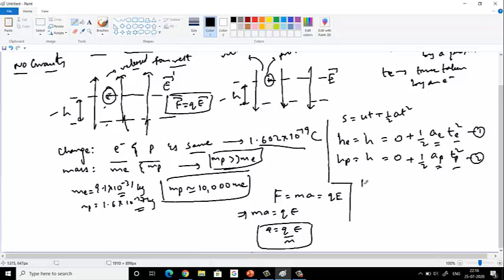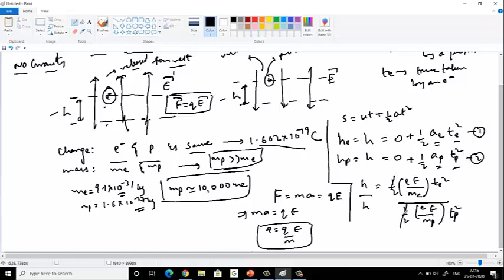For the first equation, H is equal to half into eE by Me, this is for the electron, into Te square. I'm going to divide the second equation: half into eE divided by Mp, because the charge is the same and the mass is different, and time square.